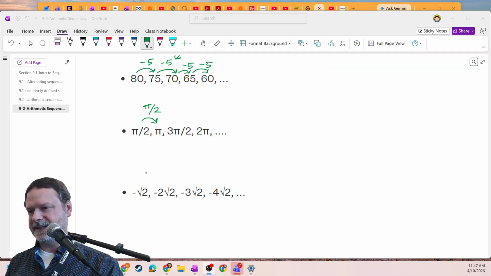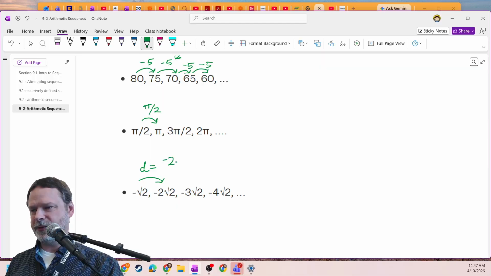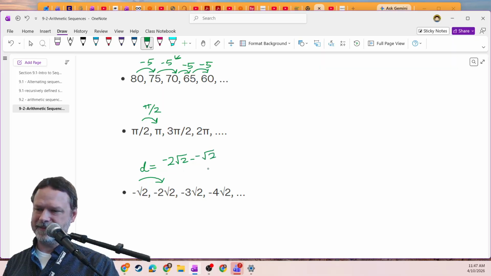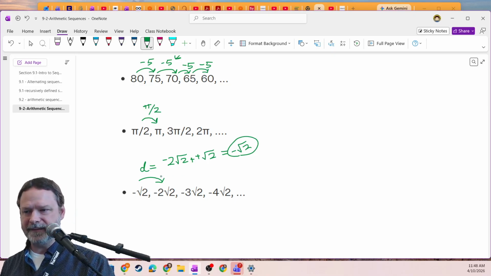Their difference is going to be negative 2 root 2 minus negative root 2. So negative 2 root 2, and that's actually plus root 2. So that's going to give me negative 1 root 2. So we're subtracting root 2 every time.